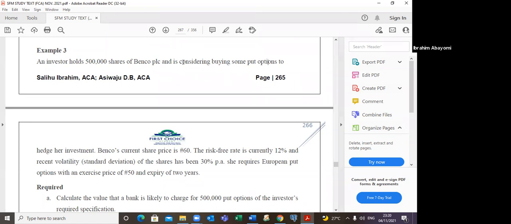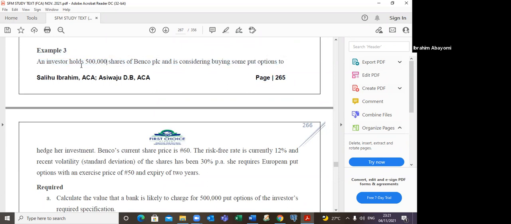What will determine whether you are using a call option or a put option is the underlying asset. What you are doing to the underlying asset will determine the option you are buying. You already have these shares, you want to sell them, and the question has already told you that you are buying a put option.